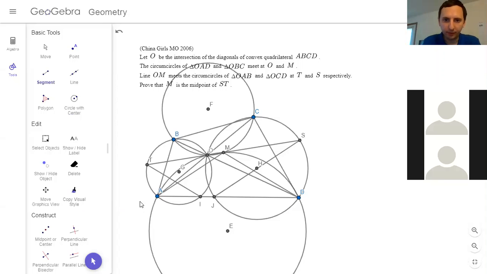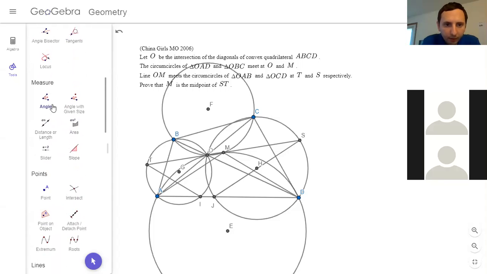PMD similar to ACD. Let's check. Looks like it. Let me check one more angle. Yeah, they're similar. Does that solve it? Let's see.